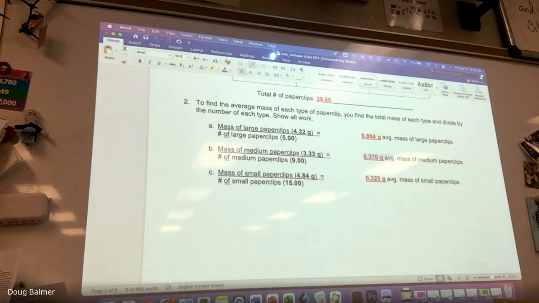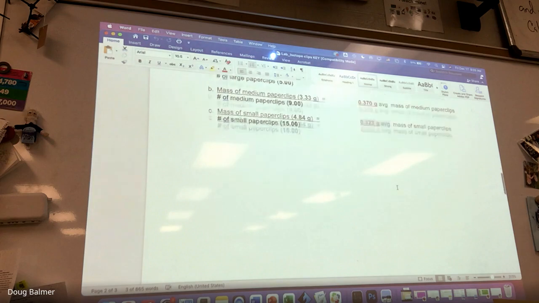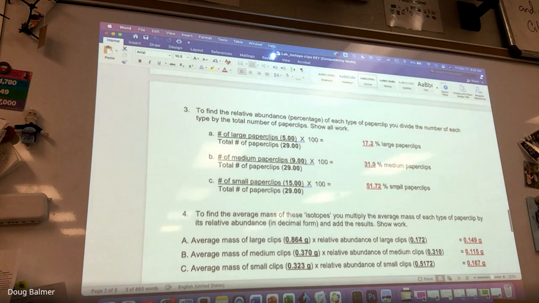And then the small one was not that much smaller, about 0.3. Everyone okay with coming up with an average mass for each paper clip? As far as abundance, would you agree you take the number of each paper clip divided by the 29? So we get about 17% the large paper clip, 31% the medium paper clip, 50% the small paper clip.